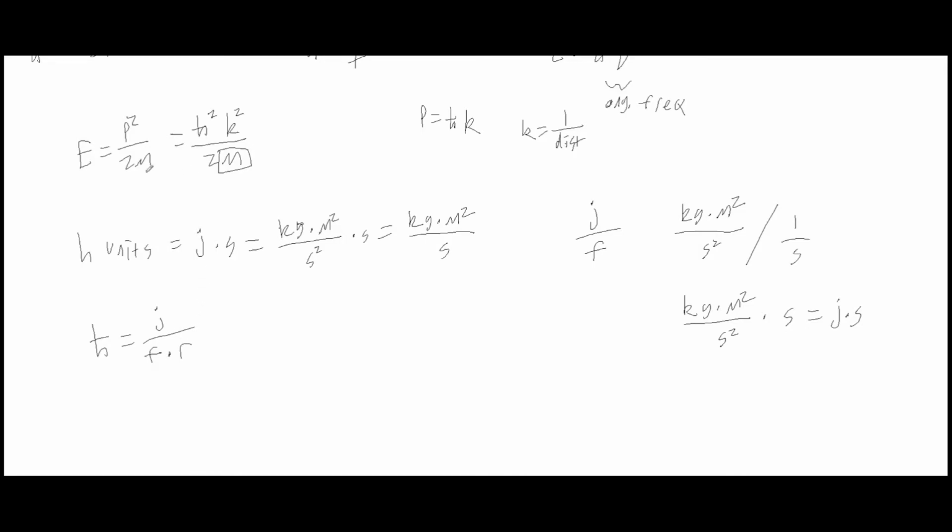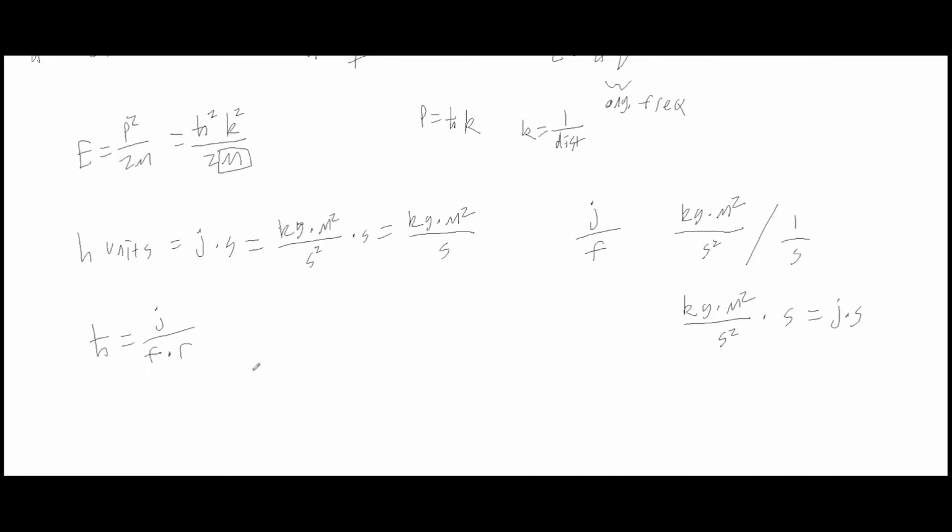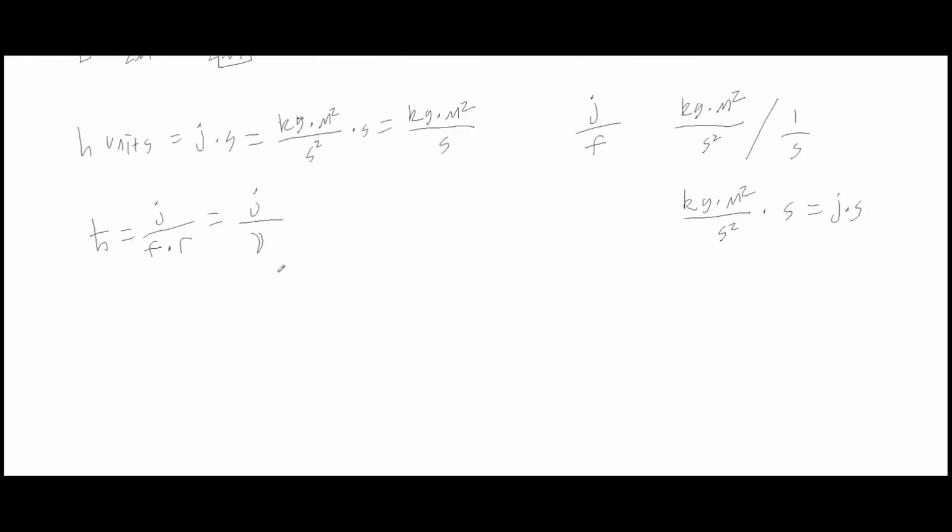So the 2 pi up here gives us radians, and radians are unitless, so it just still ends up being joules over frequency, except now we make it into angular frequency here. So anyway, that's how the units work out on Planck's constant.